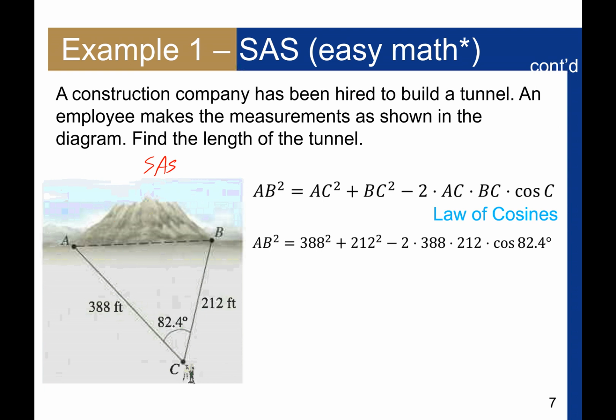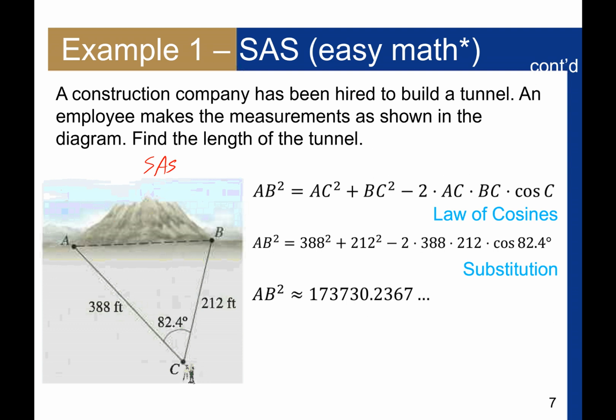We'll leave that unknown. We'll substitute the length of segment AC is 388 feet, square it. The length of segment BC is 212, square it, minus 2 times 388 times 212 times the cosine of our whopping 82.4 degree angle. Now at this point, if you trust your calculator skills, you could just type that whole thing in exactly as written.